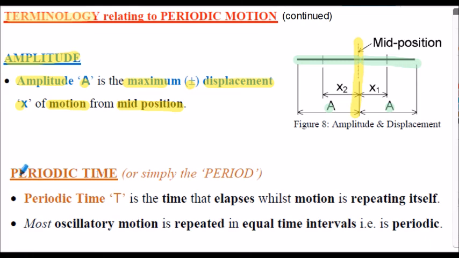The periodic time, or sometimes simply referred to as the period, has the capital T notation, and it's the time that elapses whilst the motion is repeating itself. So the time it takes for one cycle to occur, and most oscillatory motion is repeated in equal time intervals, hence the term periodic.